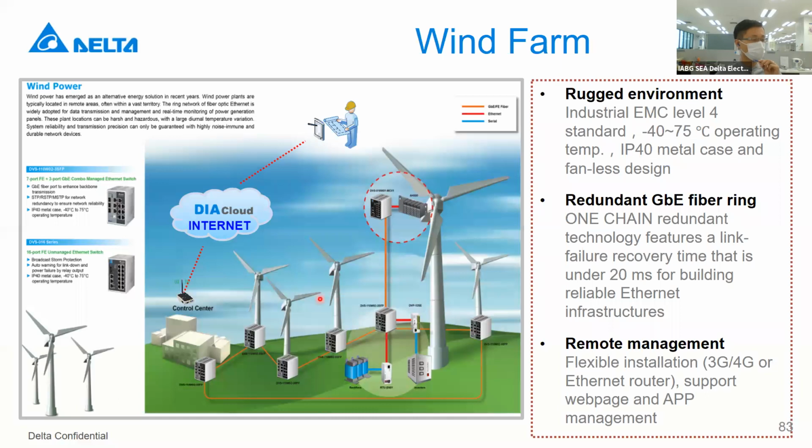Because it's a very wide area, we use the wireless switch to build up the network and send all the information via the cloud to the engineers. Because it's a very far distance, operators are not likely to check the site frequently. So this is a very helpful application.